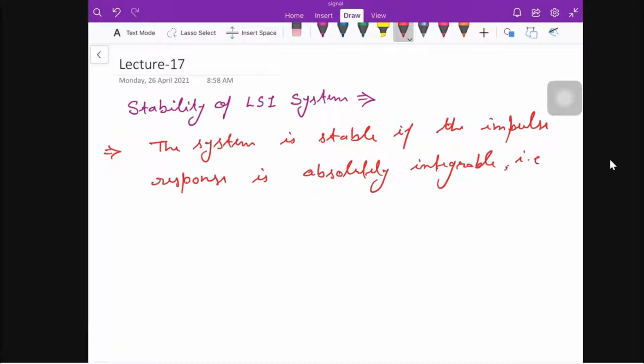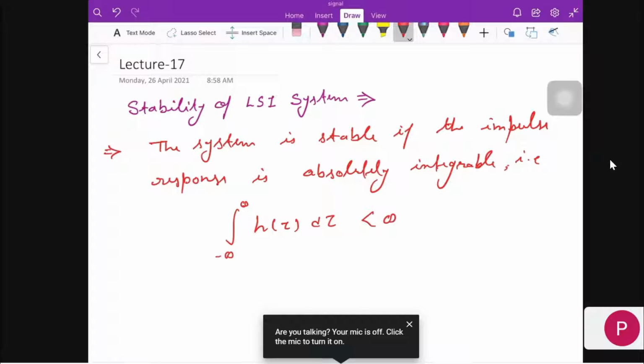That is, the integral from minus infinity to infinity of |h(tau)| d tau should be, or must be, less than infinity.